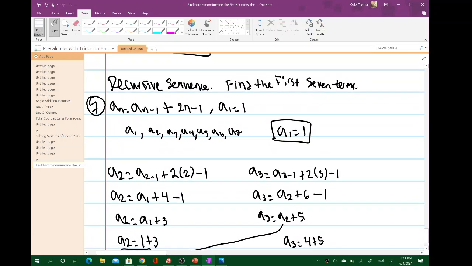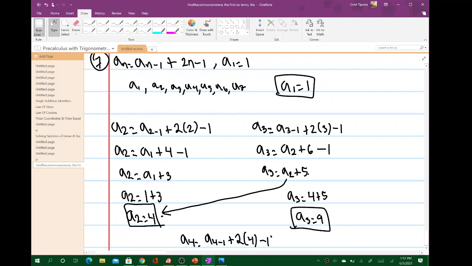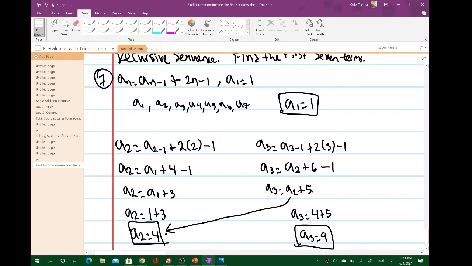And now a sub 4, so let's see here. Give me 1 second. So it's a sub 4 minus 1 plus 2, and then it's going to be times 4 minus 1. And keep in mind the formula that we're using, right?